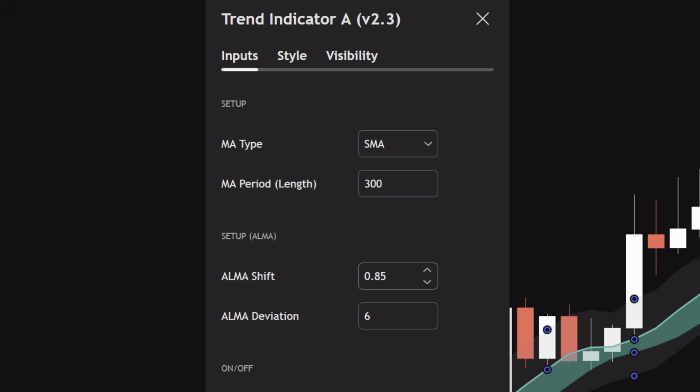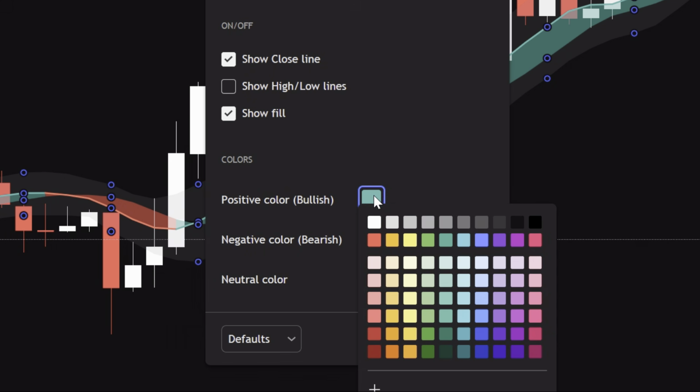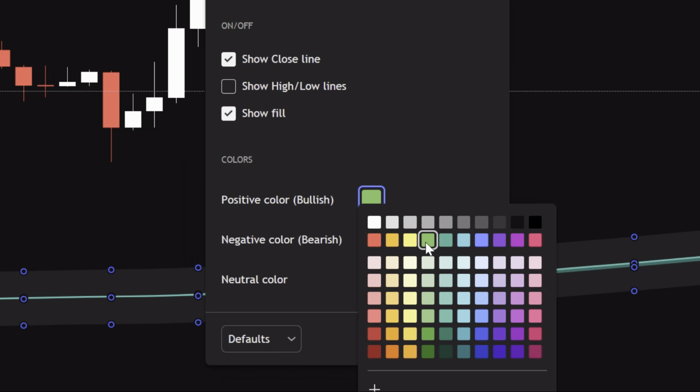Set ALMA to 1. Set ALMA deviation to 14. Change the colors to green, red, and white so you can actually see what's happening.